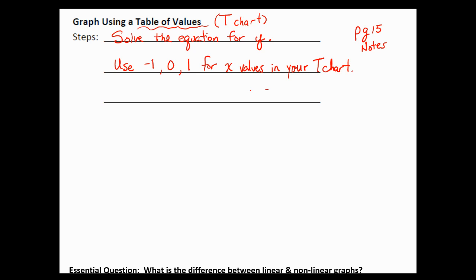It just so happens that it's easiest to use -1, 0, and 1 often. So that's why we choose that. And then you're going to plug in the x values, the -1, 0, and 1, to get y.